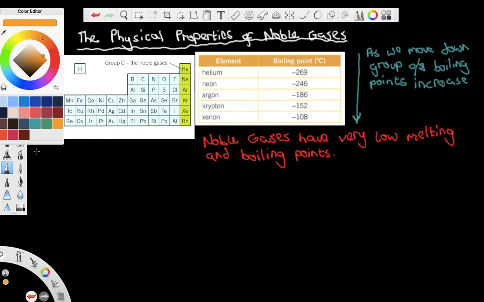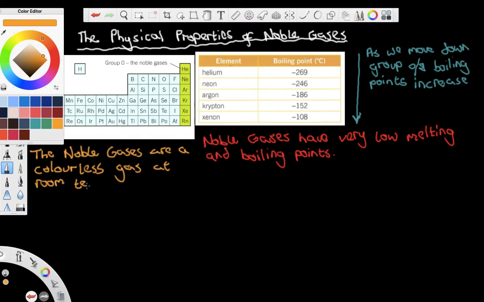So the noble gases are a colorless gas at room temperature.